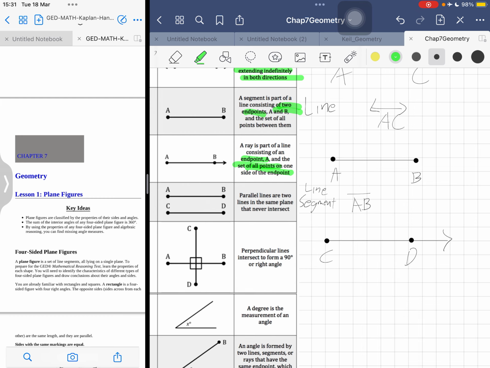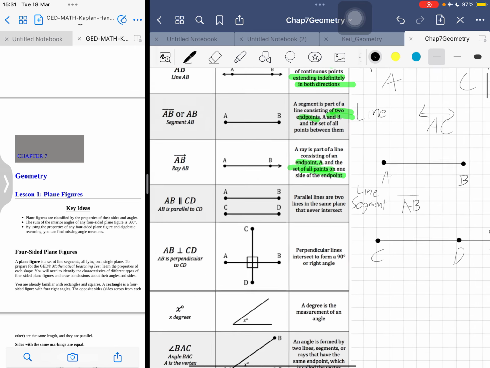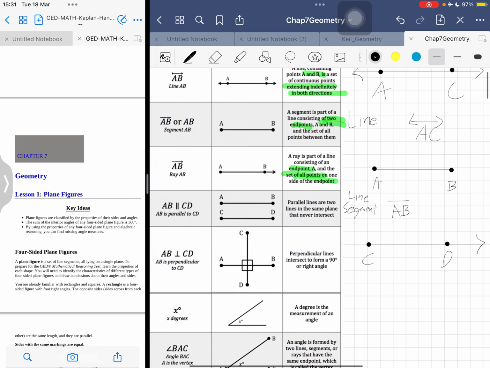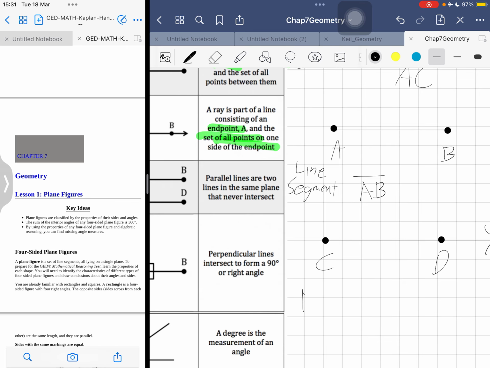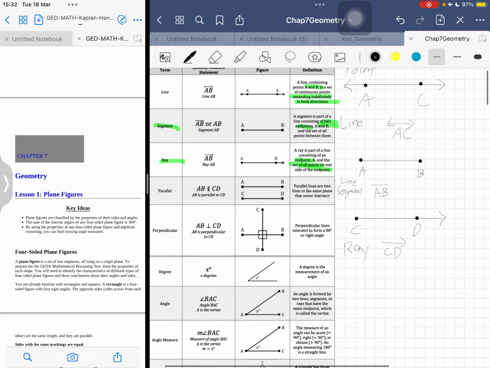Here in the ray, the line starts at a point and is connected to another point, but it extends indefinitely. The other end is continuous and the other one starts at the point. Therefore, we can name this ray, or write it as ray CD.